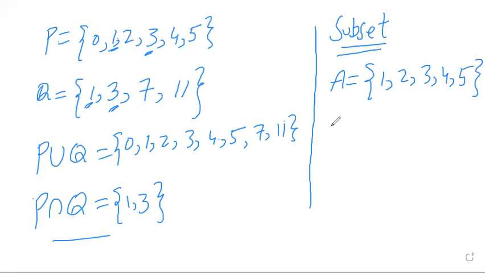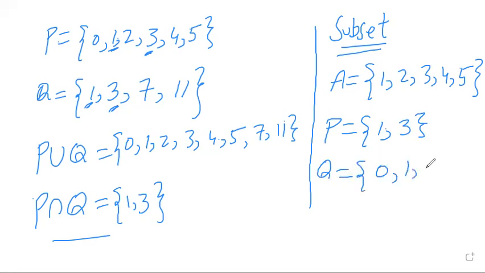Okay, I'm now writing set P. Set P is 1, 3. Set Q I'm writing 0, 1, 5.